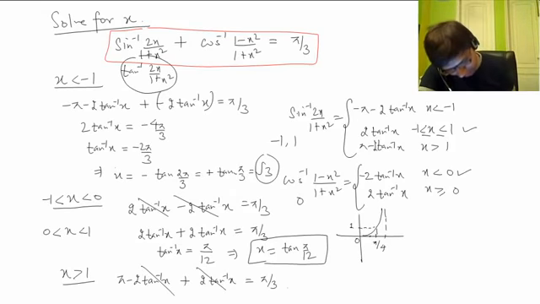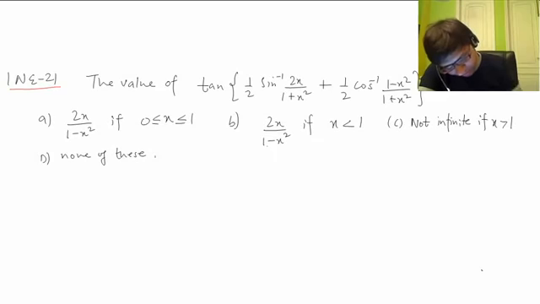So if you just look at the next question, the value of this, and then we have choices to find the simplified value of this. To find the simplified value of this, we need to know the definitions of sine inverse and cos inverse, right? We need to know the pieces of these two.